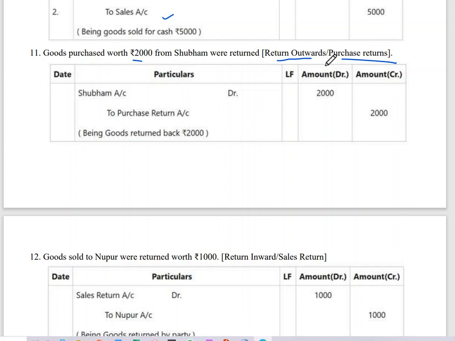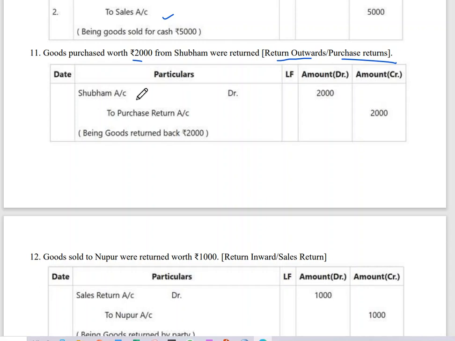So if in case when we purchase the goods, it is simple that purchase account debit to cash account or something like that, right? But here, as we have returned the goods back, we are preparing a contra entry. Contra entry means the opposite of the normal entry. The normal entry for goods purchased worth rupees 2000 from Shubham could have been purchase account debit to Shubham account.